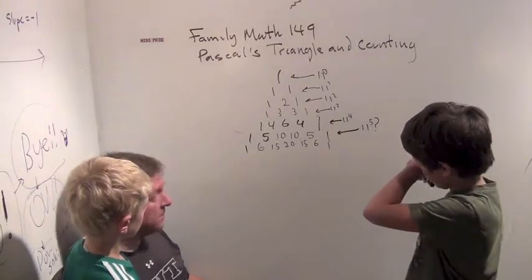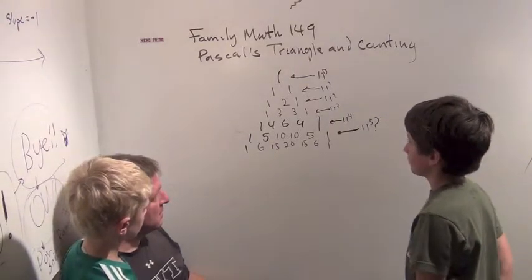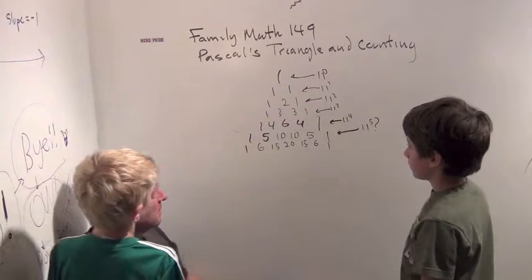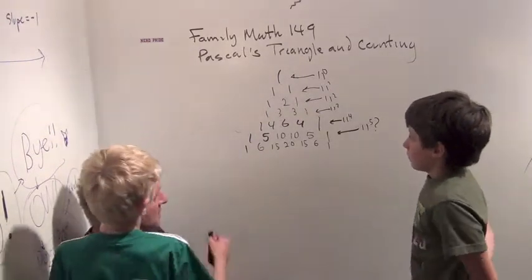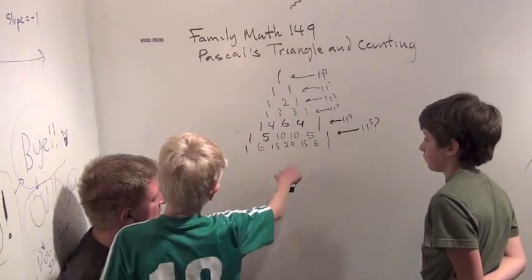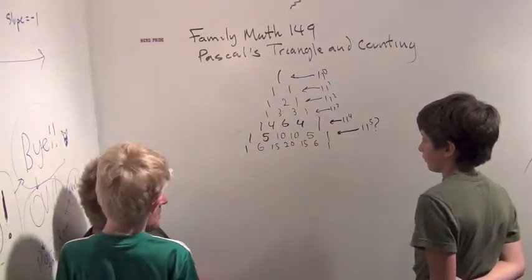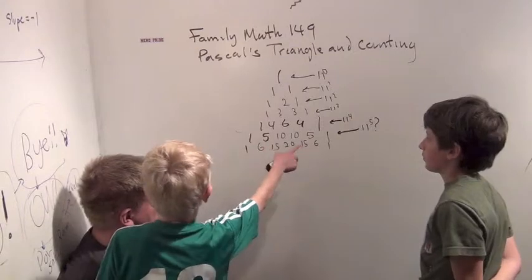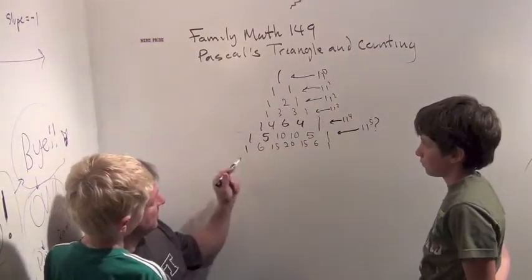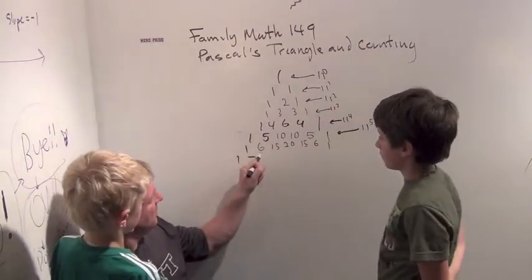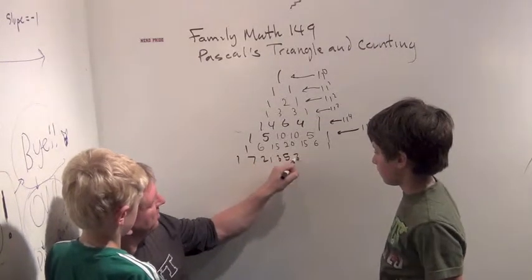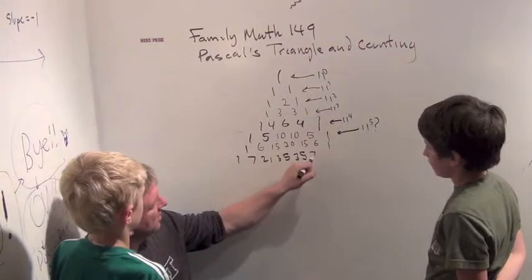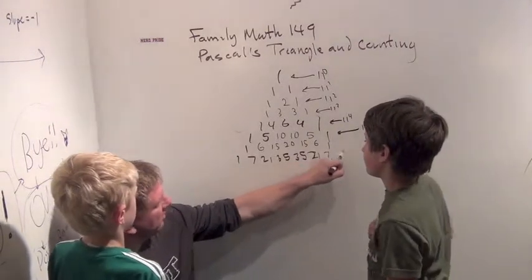See any other patterns? Well, this row has multiples of 10 on it, and multiples of 5 on it. 1, 5, 10, 10, 5, 1, 7, 21, 35, 35, 21, 7, 1.